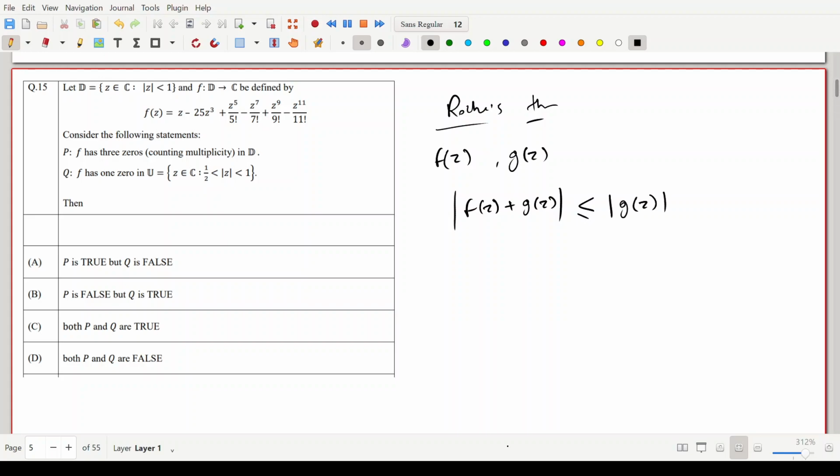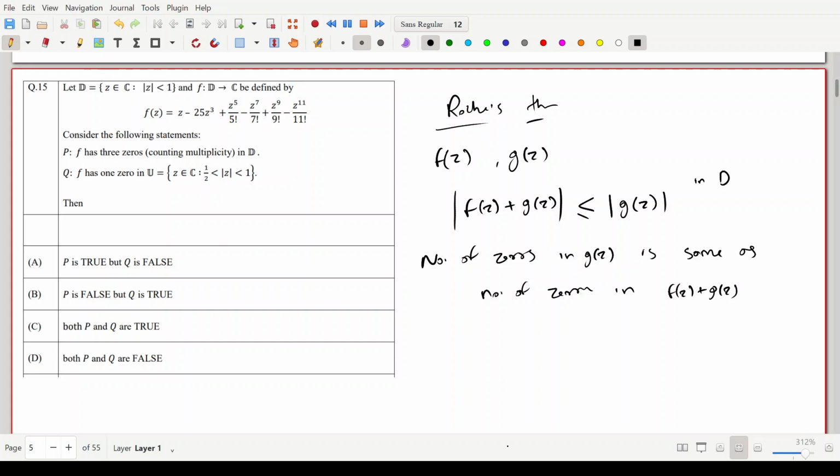Then the number of zeros in some domain D, if this condition is satisfied, the number of zeros in g of z is the same as the number of zeros in f of z plus g of z.